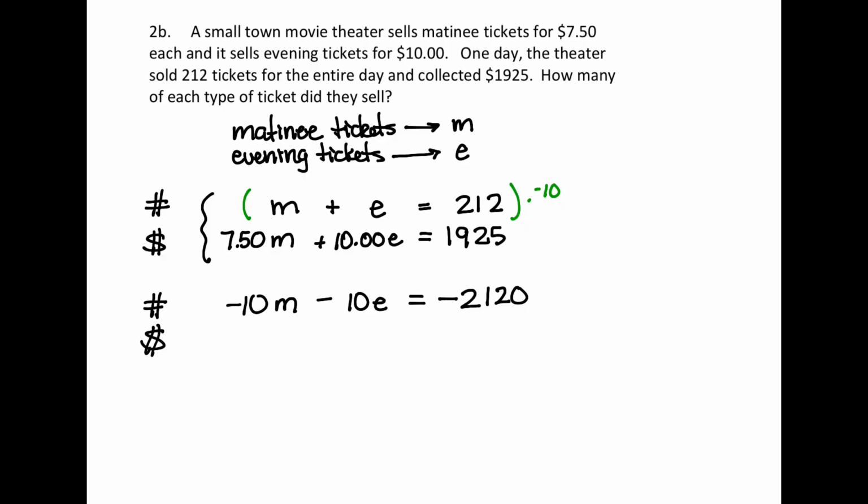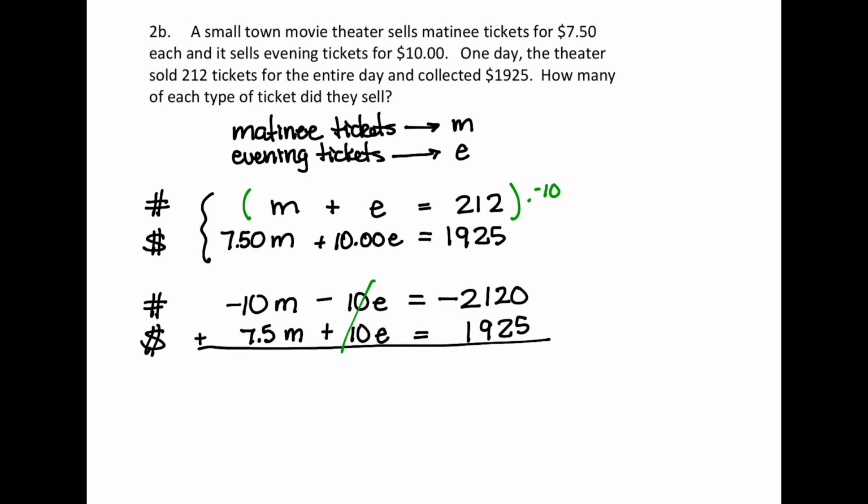And my new dollars equation, once I've dropped the zeros I don't need, is 7.5m plus 10e is 1925. Okay, so the 10e's are going to cancel, right?